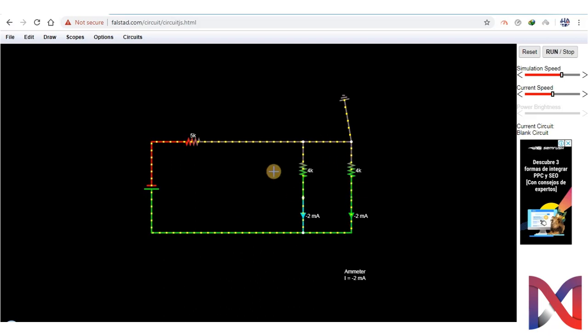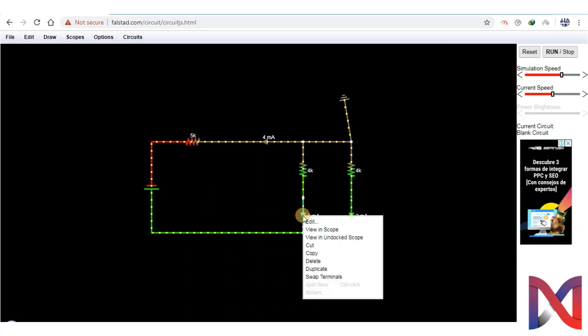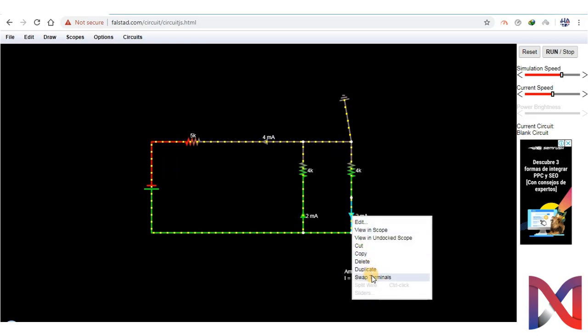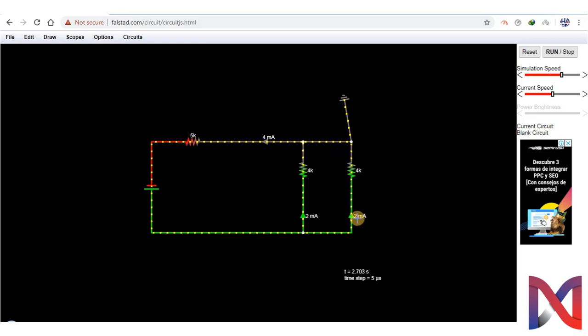Now if we need to measure the current right here, we will place another ammeter here. You can see that the values here are negative, so we will just swap the terminals of the ammeters. You have to keep this arrow in the same direction in which the current is flowing. If you place the ammeter opposite to the current flow, it will show a negative sign.